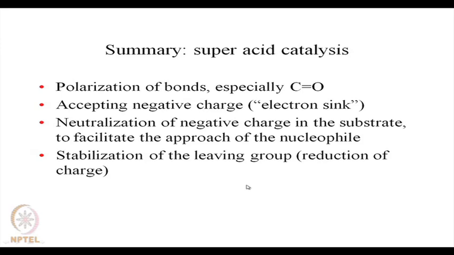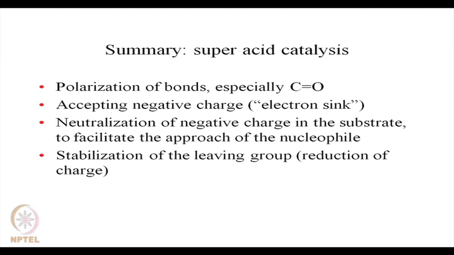Summary for superacid catalysis: polarization of bonds, especially C=O, accepting negative charge, that is the electron sink, neutralization of negative charge in the substrate to facilitate the approach of the nucleophile, and stabilization of the leaving group, reduction of charge.